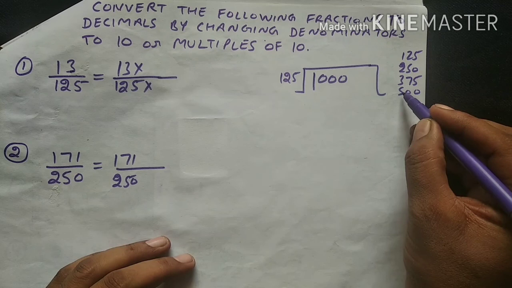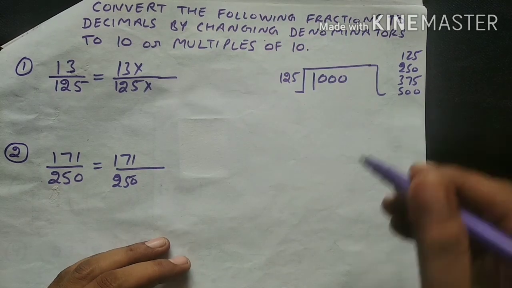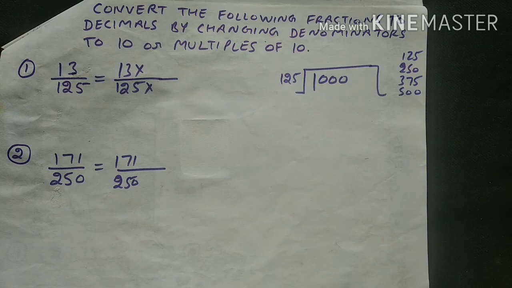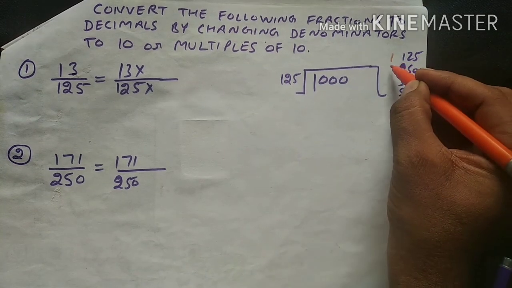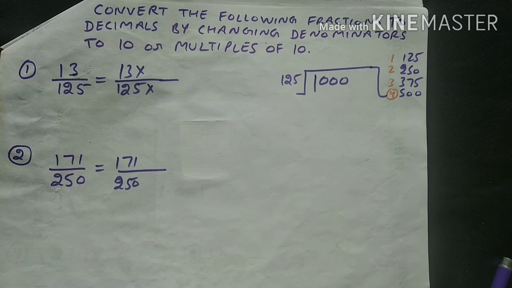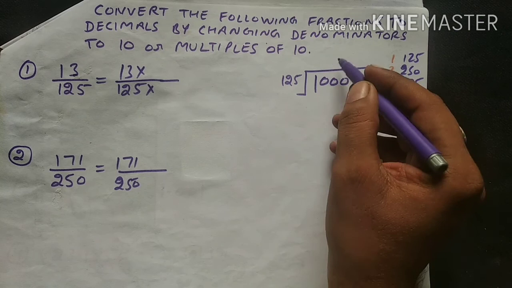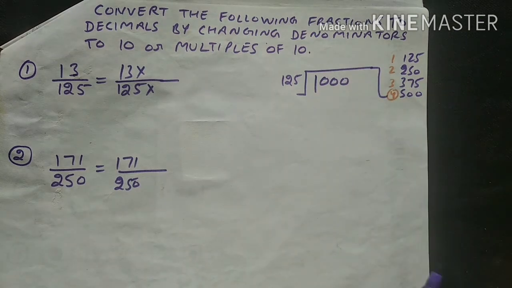You see that at the 4th place I am getting 500. So at which place will I get 1000? The double. I am getting 500 at the 4th place. I need double. So at which place will I get this? I will get this at the 8th place. So if I write here 8, then I will get 1000.